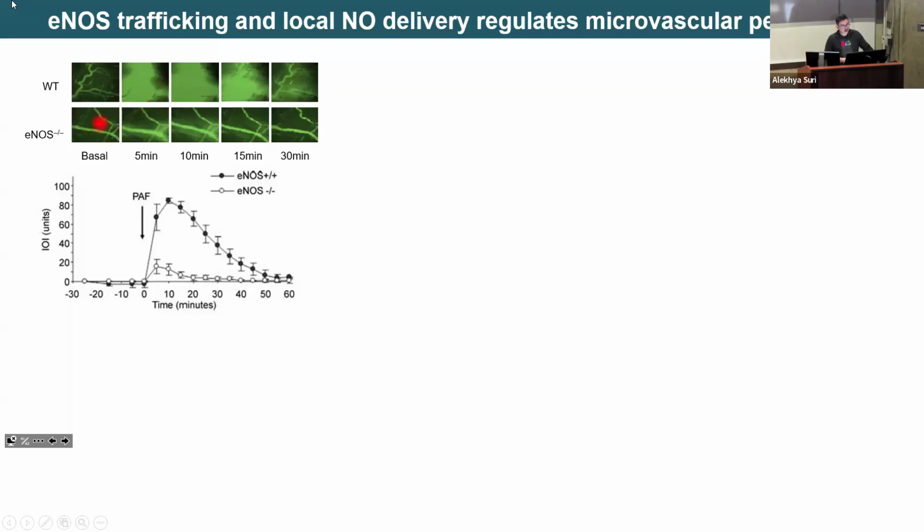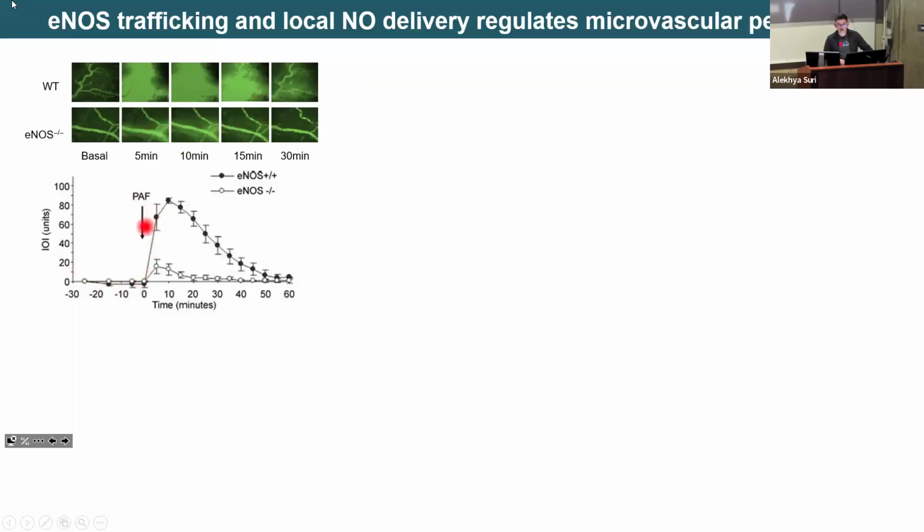However, in the eNOS knockout mouse, right? So the mouse that doesn't have eNOS, PAF doesn't have the same effect. You see that leakage increases very, very minimally, but it's nothing like the wild type. And quantification of this looks even more dramatic.